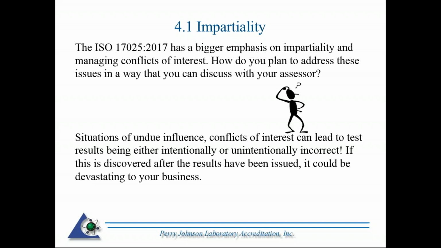Situations of undue influence and conflict of interest can lead to test results being either intentionally or unintentionally incorrect. If that is discovered after the results have been issued, it can be devastating to your business.